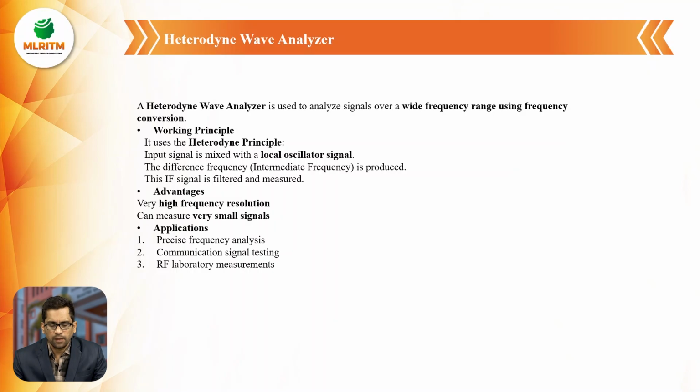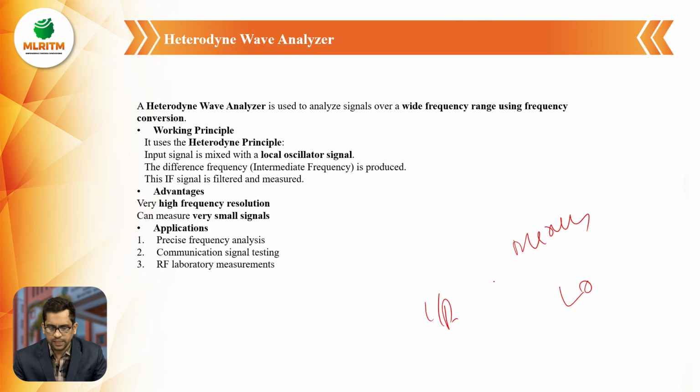Coming to the next type of analyzers, the heterodyne wave analyzer. The general meaning of heterodyne is combining. We combine two different signals and produce a different signal. This heterodyne wave analyzer mainly consists of a mixer, a local oscillator, and the input signal.